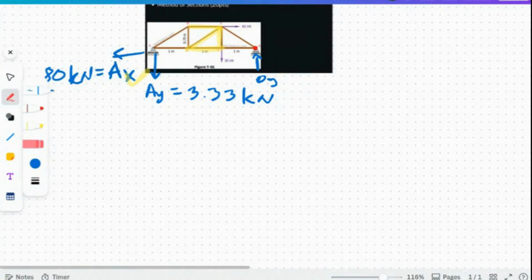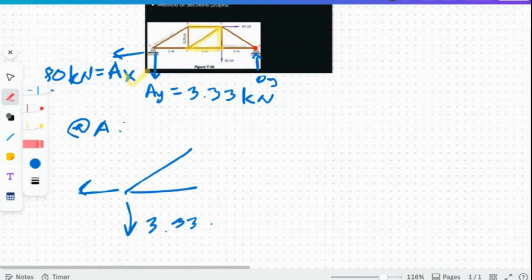So in this case, we could start at A. At A, you will have this kind of illustration, which I know you have already seen in online sources, which is where I got this from. So you have 3.33 kilonewtons going down, and you have an 80 kilonewtons going to the left. Oops, that looks like an 86. Let me try that again.